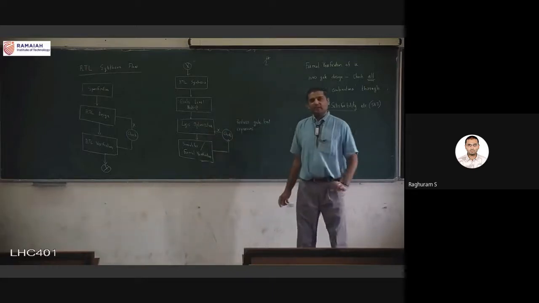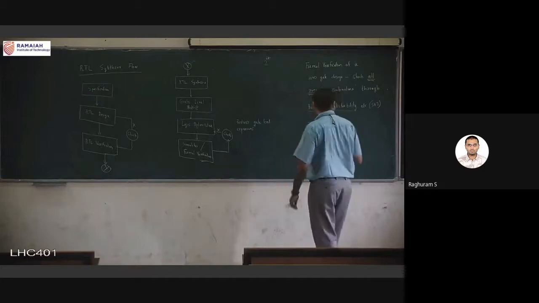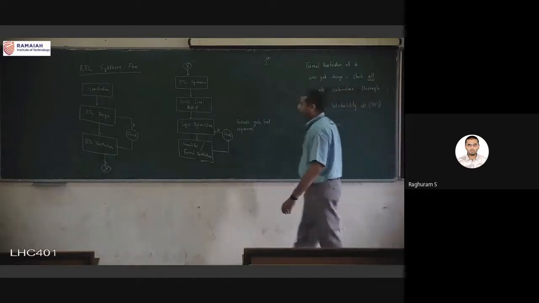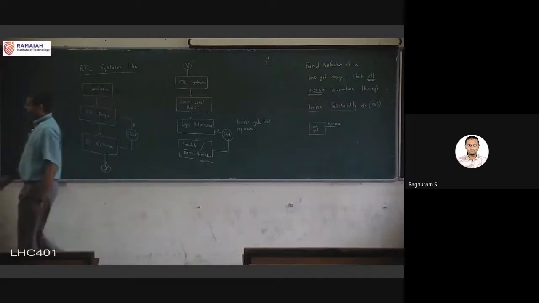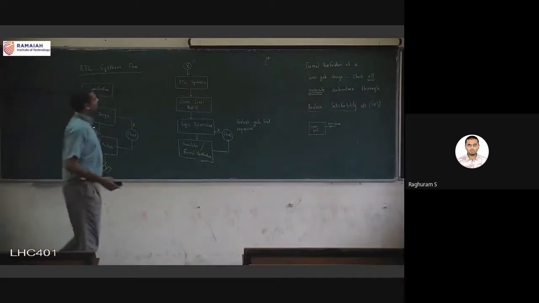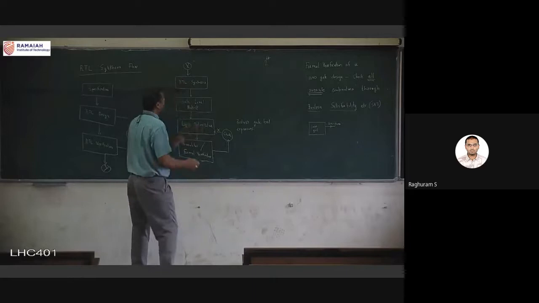We have a gate level netlist. Okay, next is another very important step, and we're going to see a few new terms here also. So I'll just redraw on top of this so I have a space there.